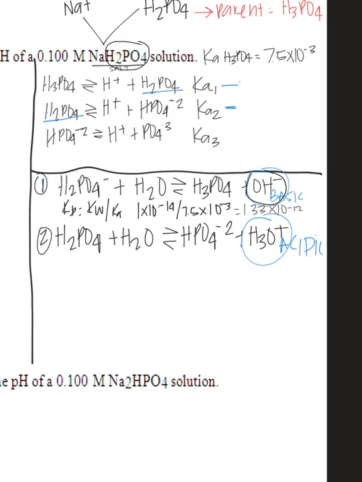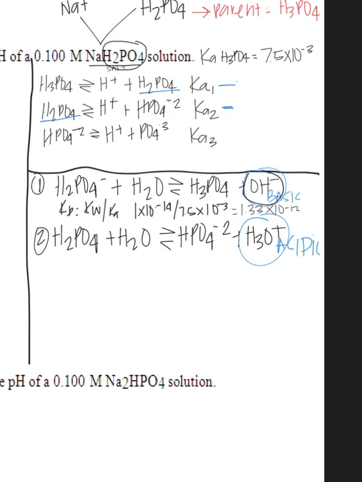for equation 1. Here, usually what they do is they give you a table. I have included a table of these polyprotic dissociations in your notes. It's kind of hard to see, but they'll give you any Kas or Kbs that you need on the test. So Ka2 I'm getting from the table, and it is 6.2 times 10 to the negative 8.